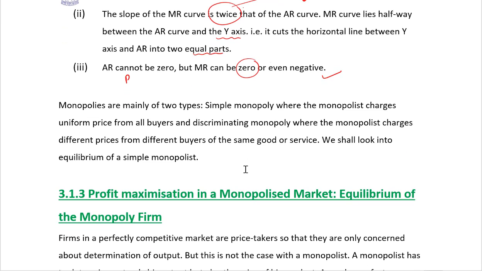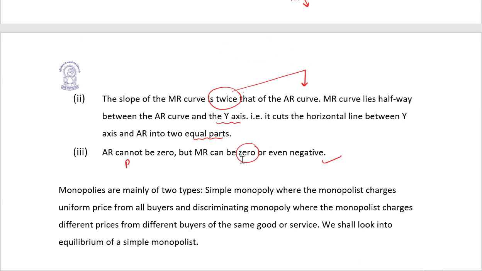So monopolies are mainly of two types. Simple monopoly, where the monopolist charges a uniform price from all the buyers, and discriminating monopoly, where the monopolist charges different prices from different buyers of the same good or same services. We shall look into equilibrium of the simple monopolist.